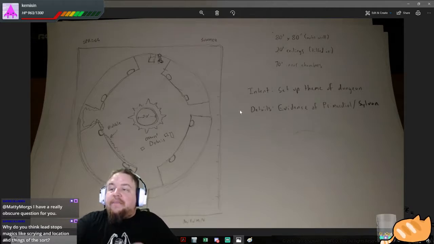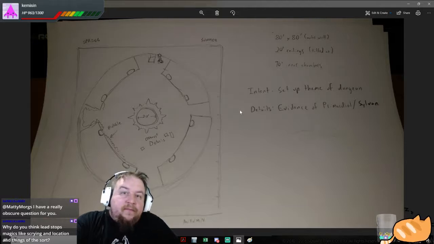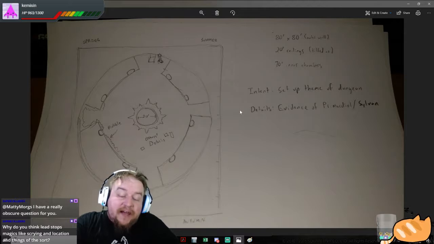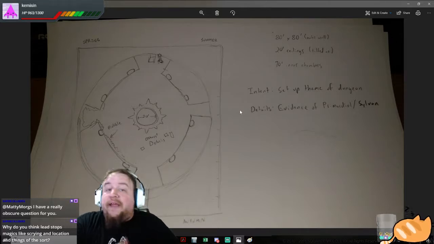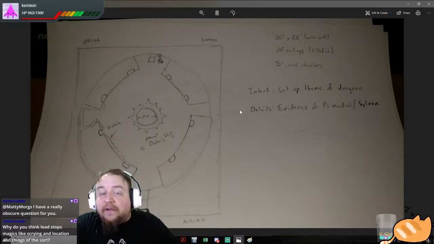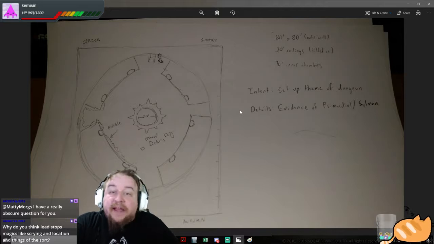Why do you think lead stops magics like scrying in locations and things of this sort? Well, in science, which you could argue is like magic, lead is a very dense element, and it stops radiation. And if you want to consider radiation a magic of sorts because it can mutate our bodies, it can kill people, it can heal people, X-rays let us see inside people.